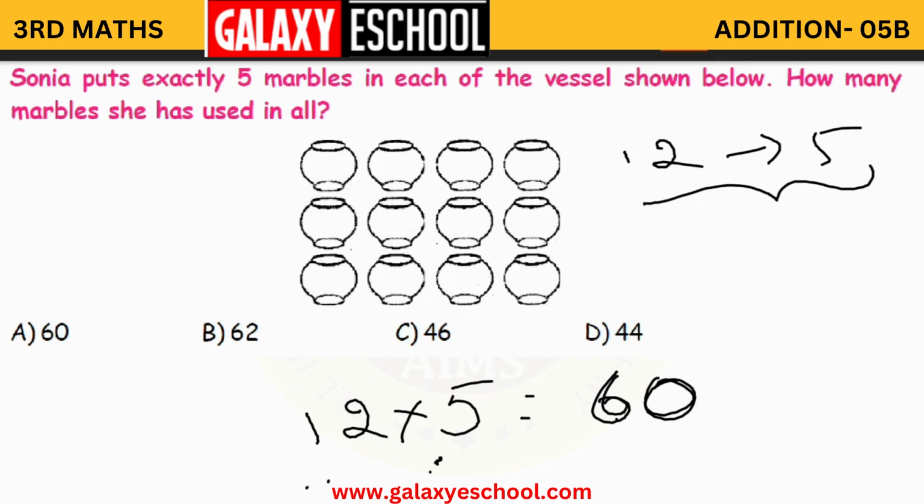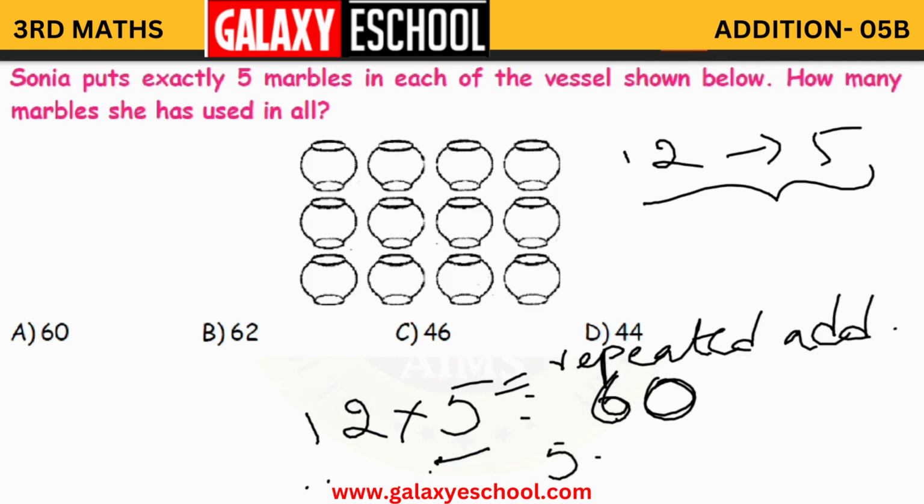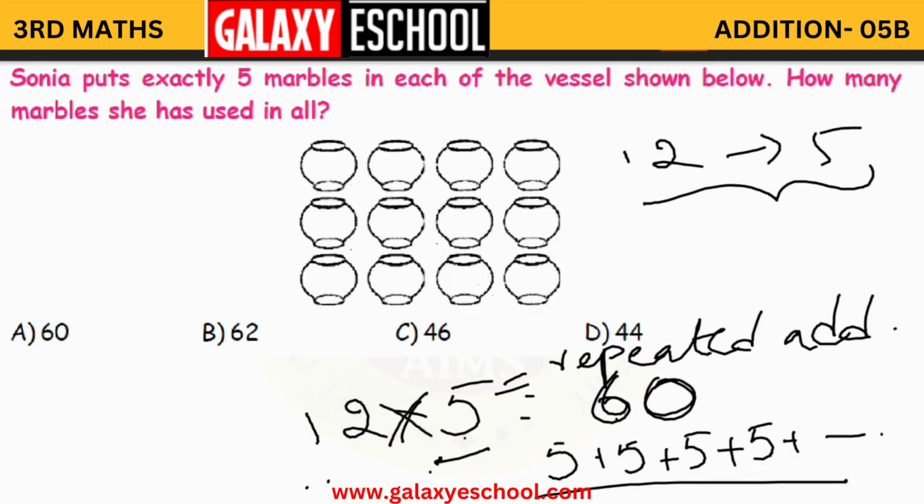Why? Multiplication is nothing but repeated addition. Instead of adding 5 12 times, 5 plus 5 plus 5 plus 5 plus 5, it becomes a big process, right? So instead of adding 5 12 times, we simply multiply 5 with 12.